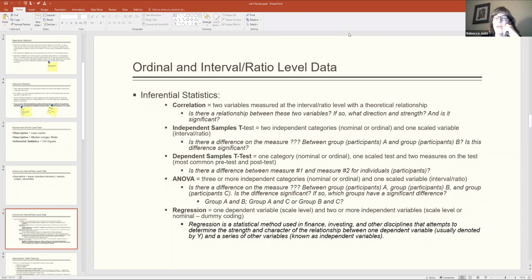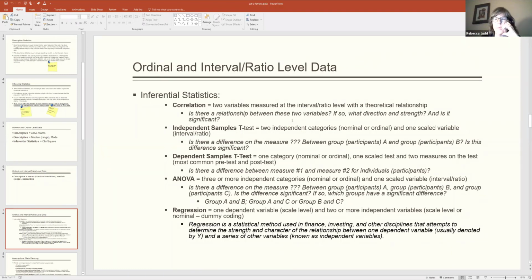So that means male and female in your population. Or if you do have strongly disagree to strongly agree, agree, disagree, you could actually compare those two categories as long as one participant couldn't be in both of them. Both categories that you're comparing need to be independent, okay?